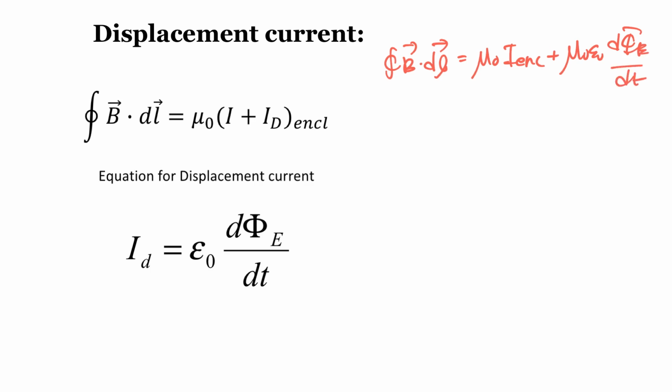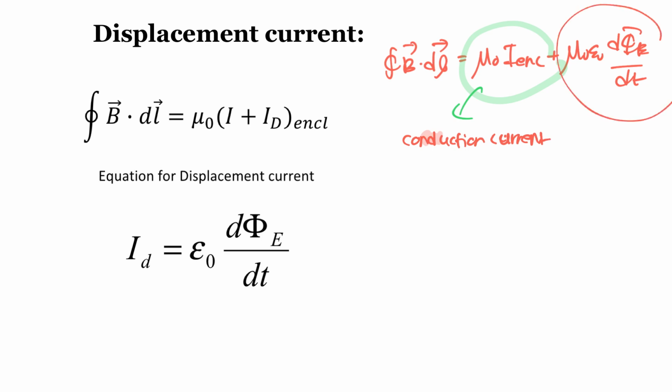For the first part, we call it the conventional current, another name is the conduction current. And for the second one, we call it the displacement current.